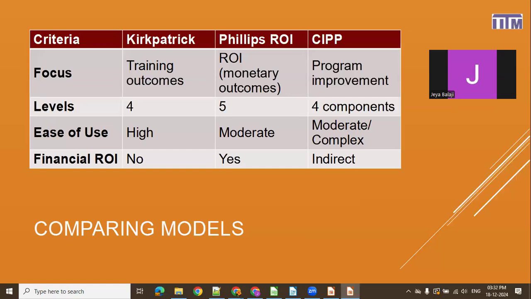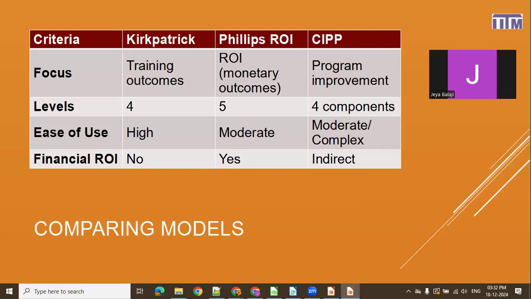To compare these three models, Kirkpatrick's focuses on training and its outcome. It has 4 levels, and it is very easy to use. It has high usability, and there is no financial cost calculation attached here. In Phillips, it is the cost factor. The monetary outcome is the main focus.